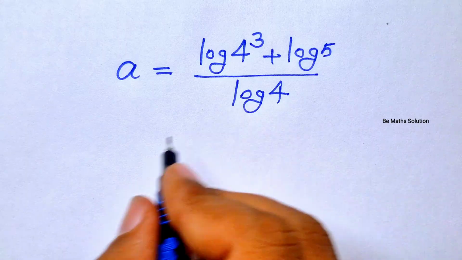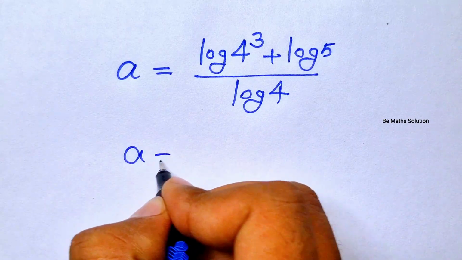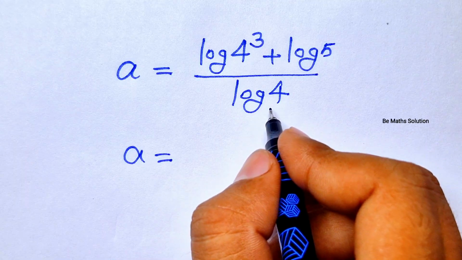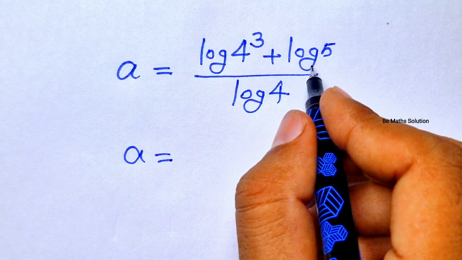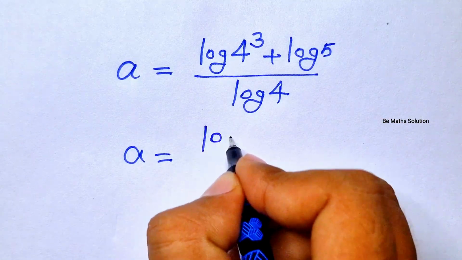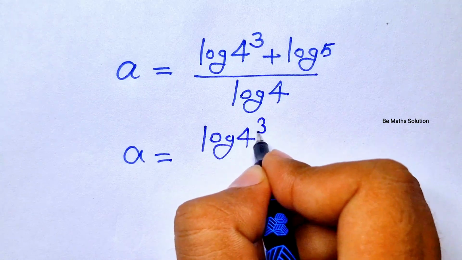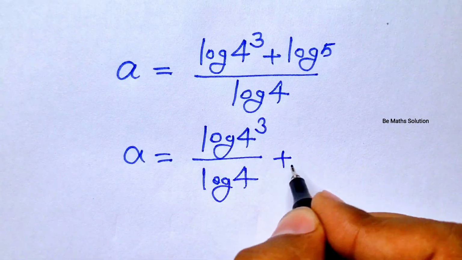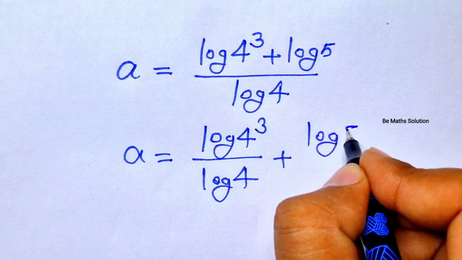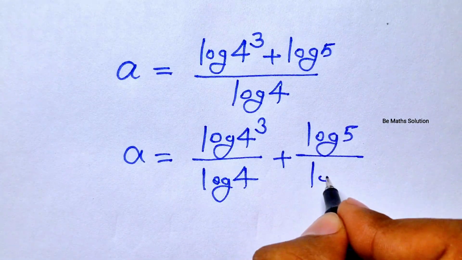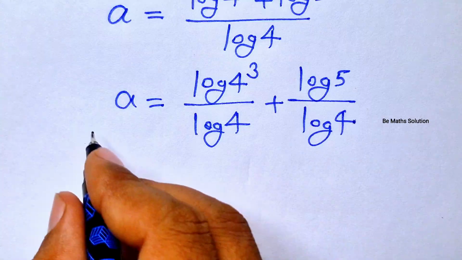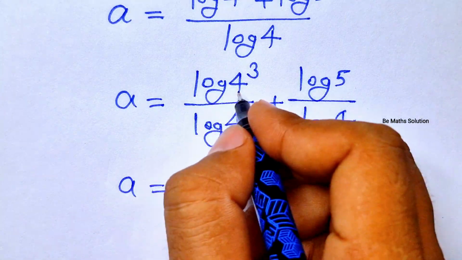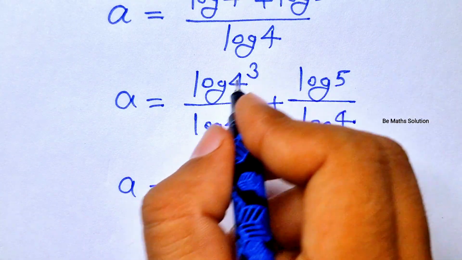Then here, a is equal to, we divide by log of 4 in this part and this part. So it will be log of 4 to the power 3 divided by log of 4 plus log of 5 divided by log of 4. Then this power of 3 will move to the front.